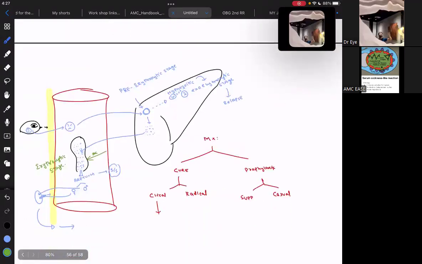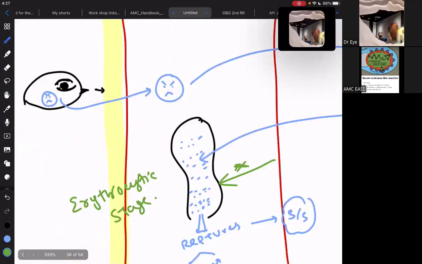This is the life cycle of malaria. If you can see here, this is the Anopheles mosquito, which has the plasmodium inside.